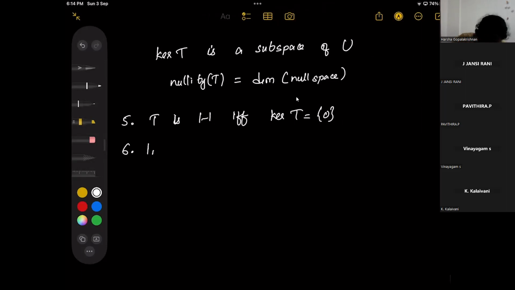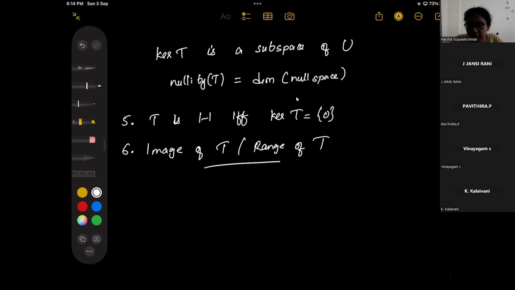Now, image of T or range of T. Okay, from the name, image or range itself, you can guess what it will be. What will be the range of T or image of T? What is the meaning of image?